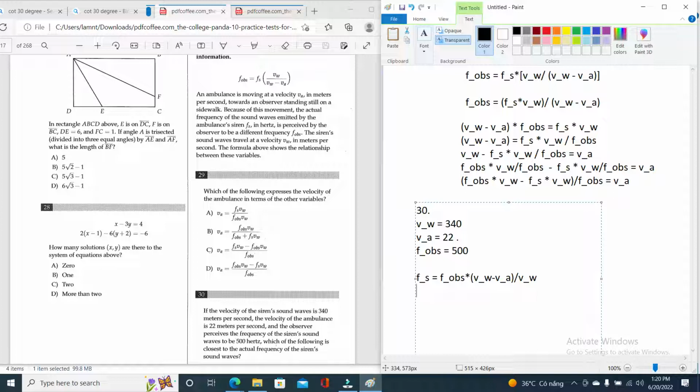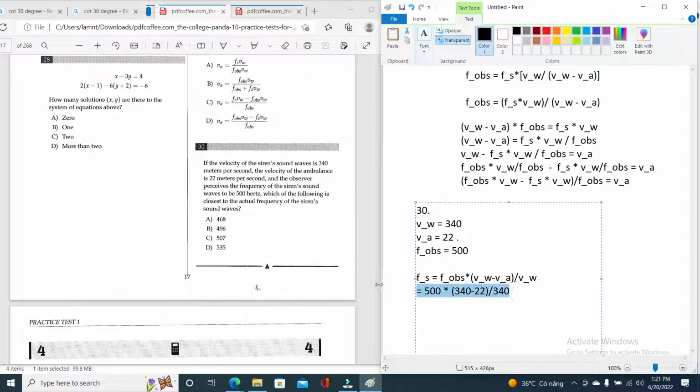So that's 500 times 340 minus 22, and all divided by 340.